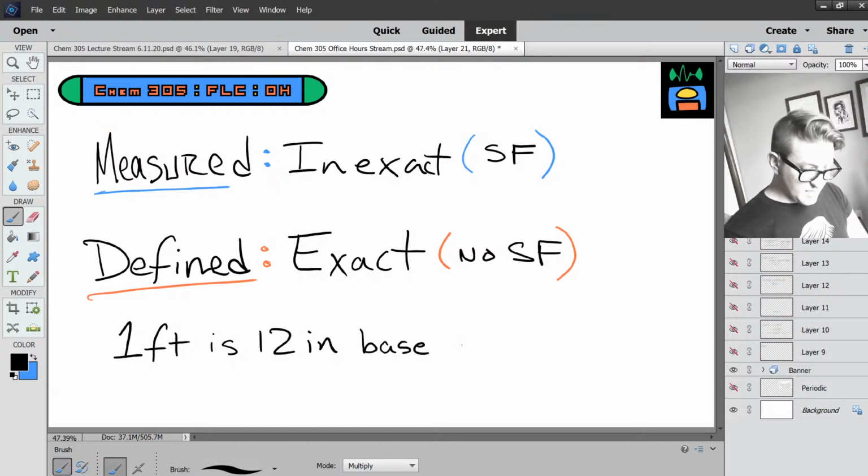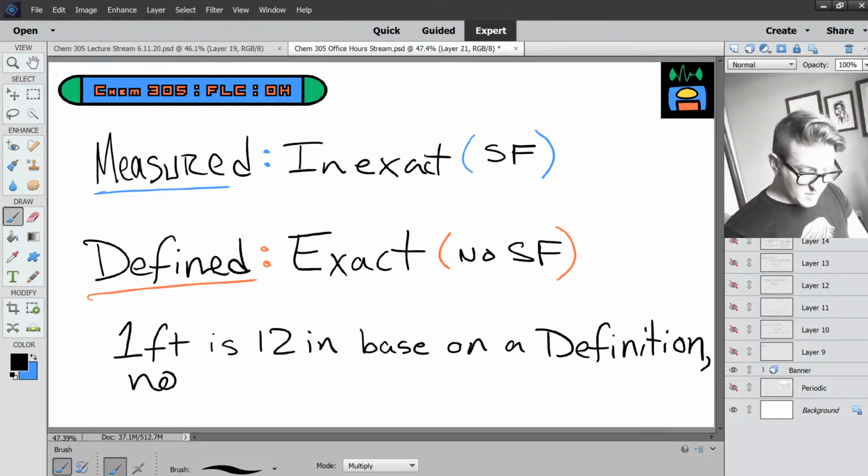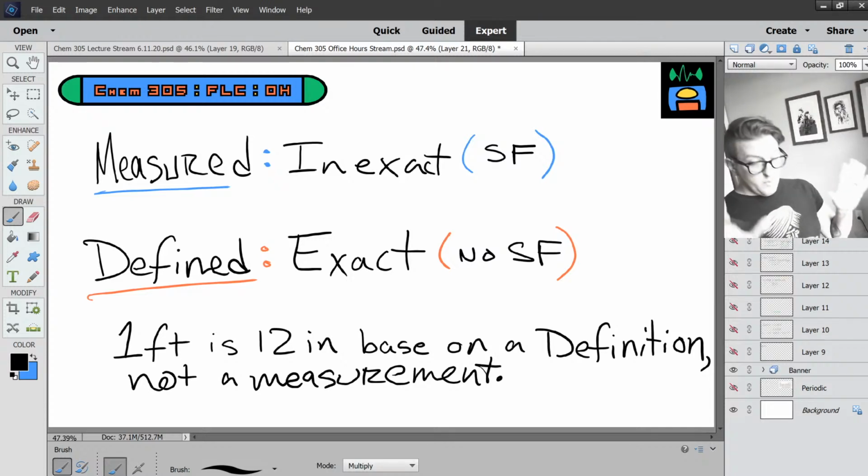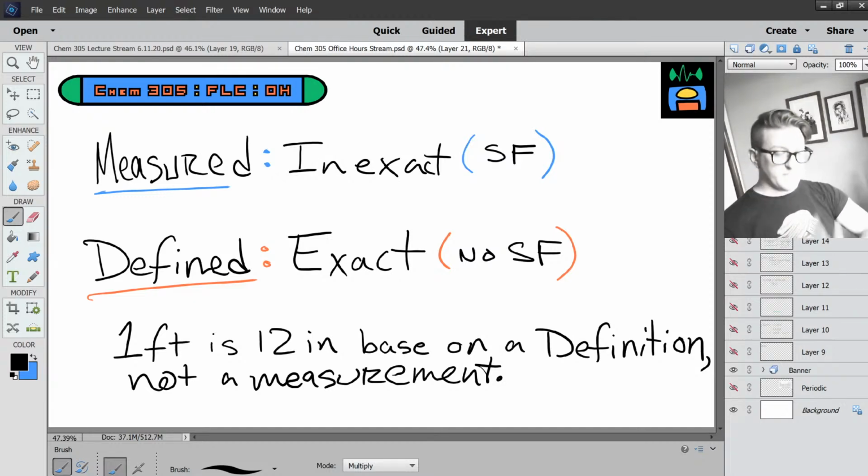This is based on a definition, not a measurement. It's not like someone got a foot and was like, let's measure how many inches are inside this foot. It was defined. 1 foot is defined as 12 inches and vice versa. So it's based on a definition, not a measurement, which makes it exact.